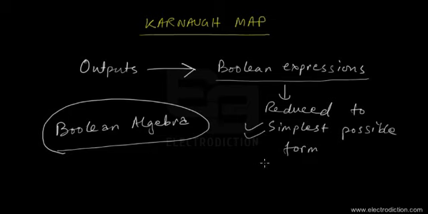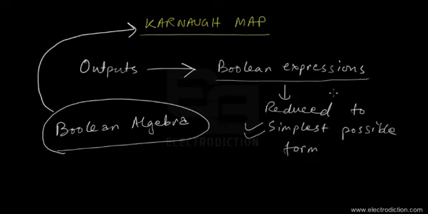So we needed a method that anyone with a little knowledge of Boolean algebra could use repeatedly, and that's where the Karnaugh map was introduced in order to reduce the workload.